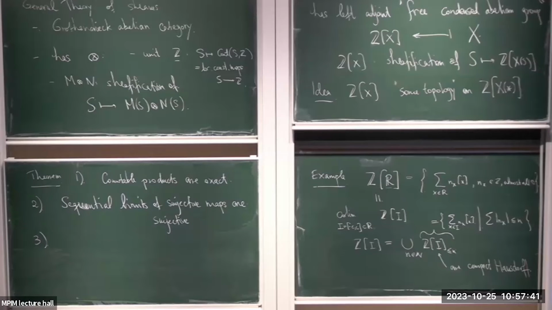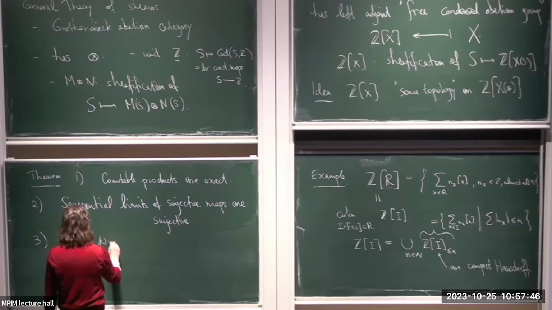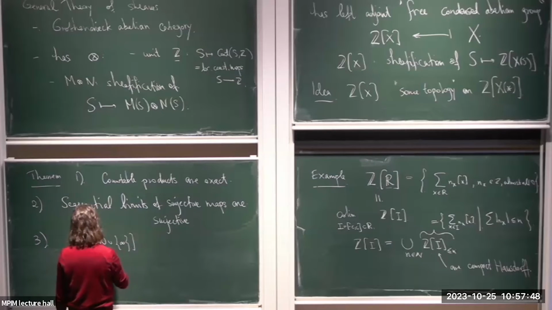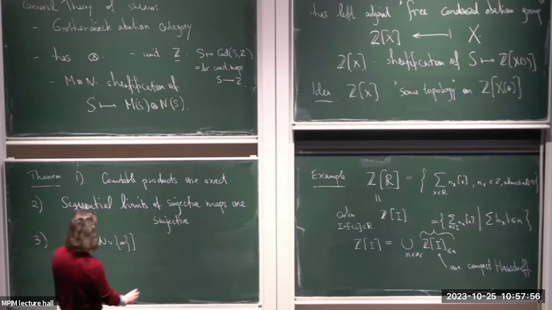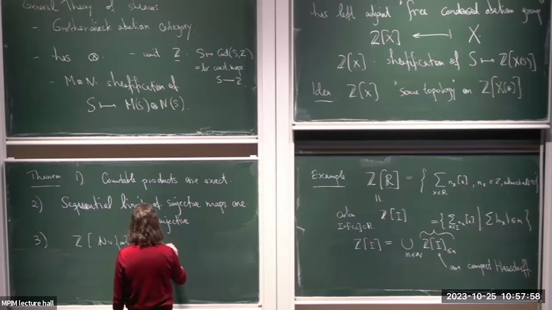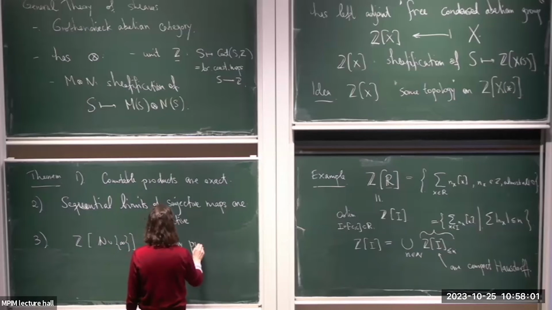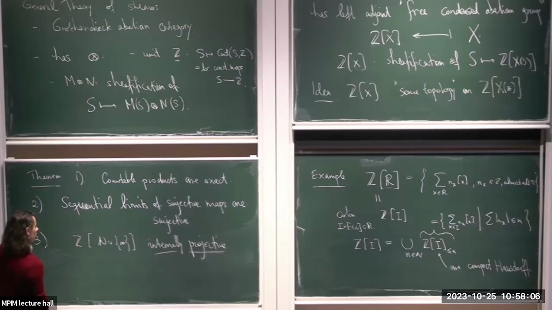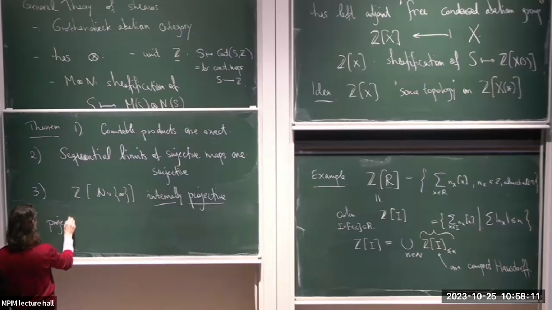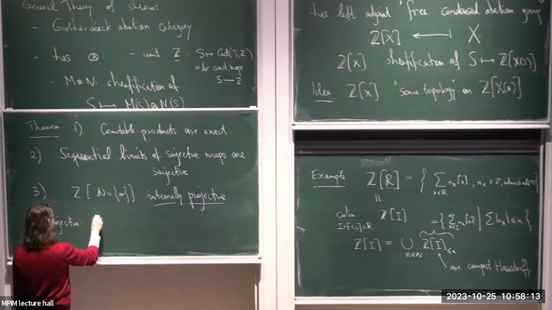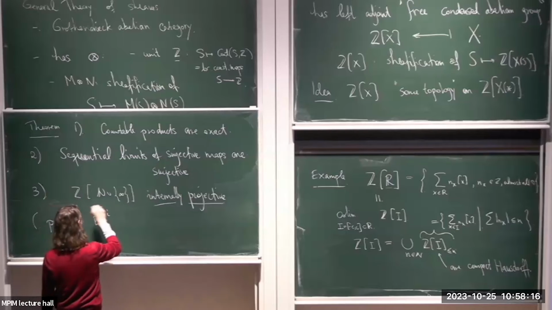So you have these, and there's this other property that I will explain what it exactly means in a second. So you have the sequence space. It's a light profinite set or light condensed set, and you take the free guy on that, and this turns out to be internally projective. Recall that one way to say what projective means is that, in any Grothendieck abelian category, you can define Ext groups.